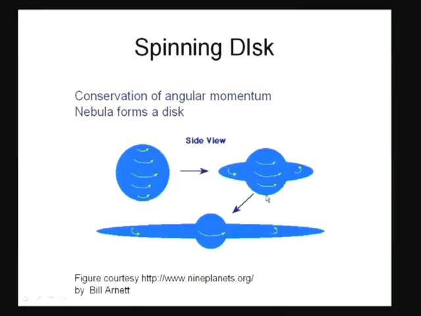and as a consequence of this collapse, it will possibly form something that looks like this, a disk around a maybe overdense central overdensity. Okay.